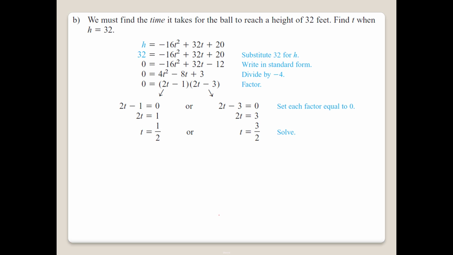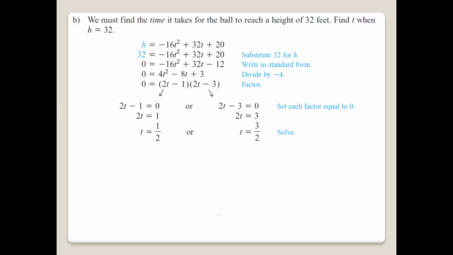So for part B, we must find the time it takes for the ball to reach a height of 32 feet. Find t when h equals 32. Sorry, I got tongue-tied there. So our height is 32, and we need to find the time.